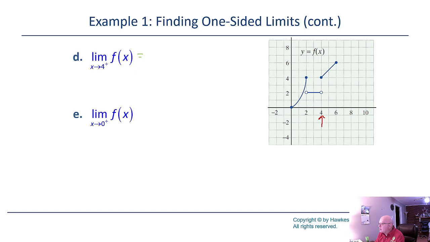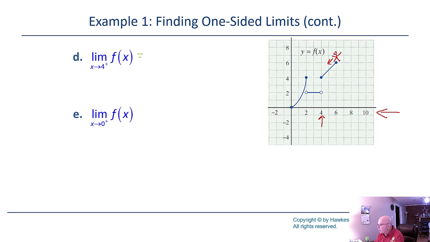So 4 is our target, because we're coming in from this direction. This is our function coming toward 4. So here we are, we're coming in this direction, in search of something close to 4. So moving down this way, that's toward the right x-wise.